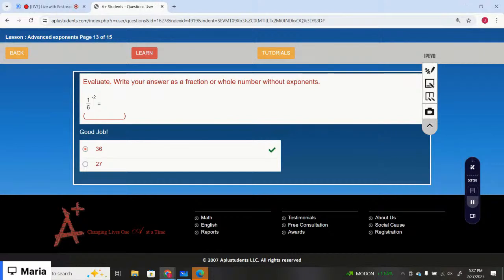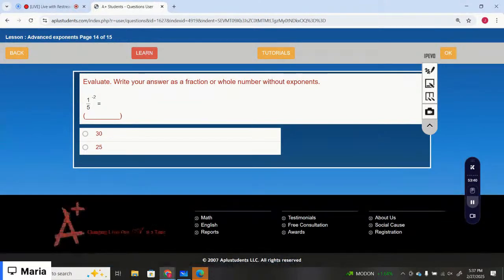Option number 1 is the correct option. Twenty-five. Option number 2 is the correct option.